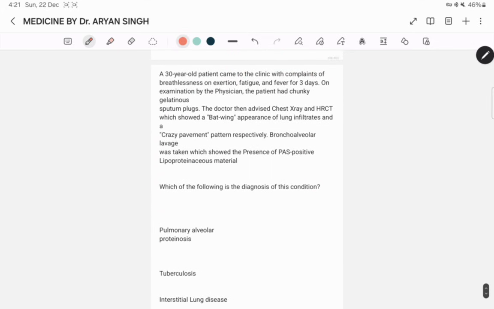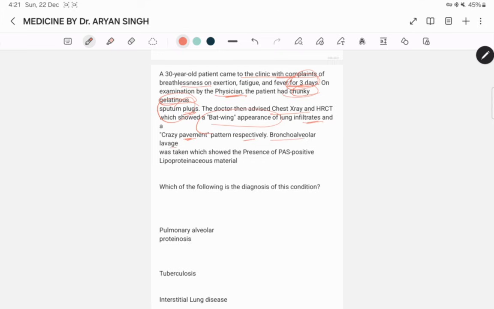Next question. A 30-year-old patient came to the clinic with a complaint of breathlessness on exertion, fatigue, with fever for 3 days. On examination by the physician, the patient had chunky gelatinous sputum plugs. The doctor wrote a chest X-ray and HRCT, which showed bat wing appearance, lung infiltrates and a crazy paving pattern respectively.